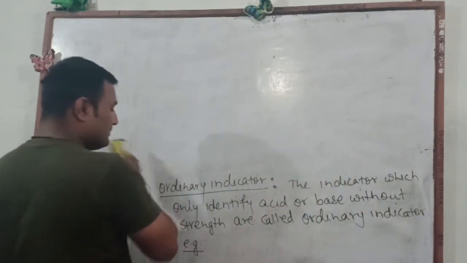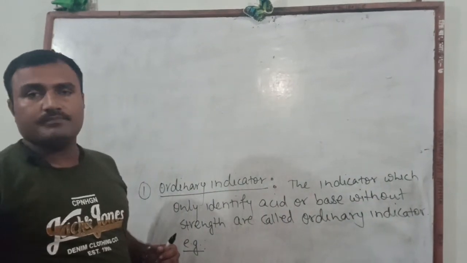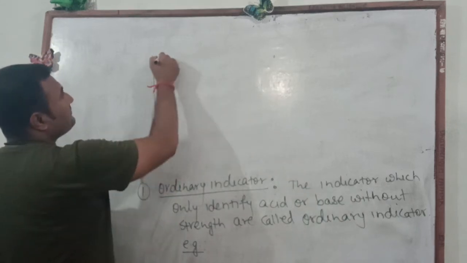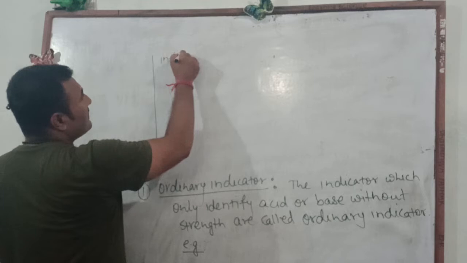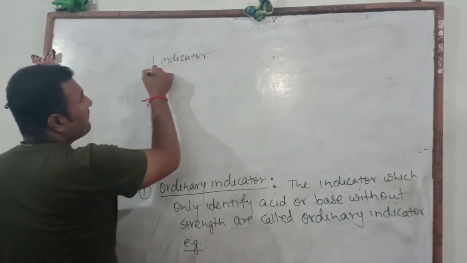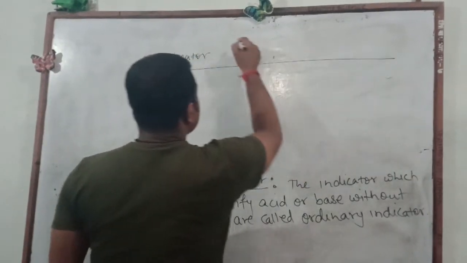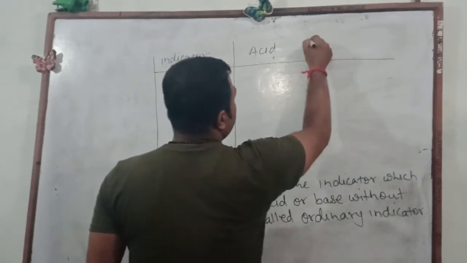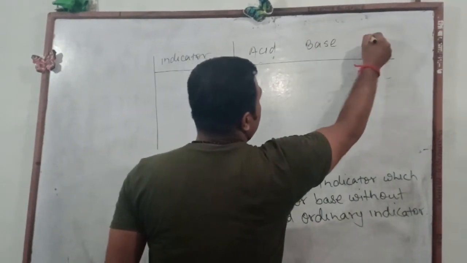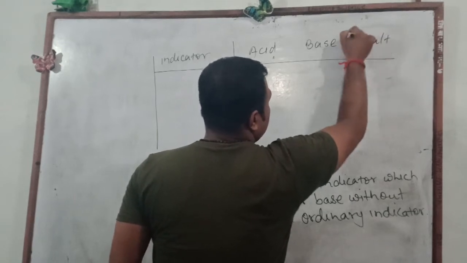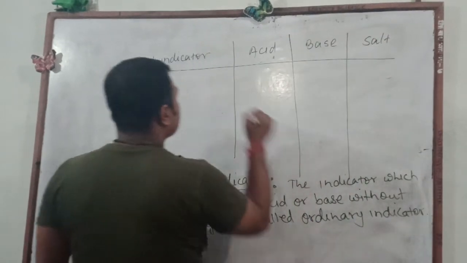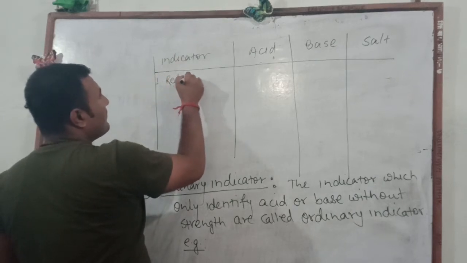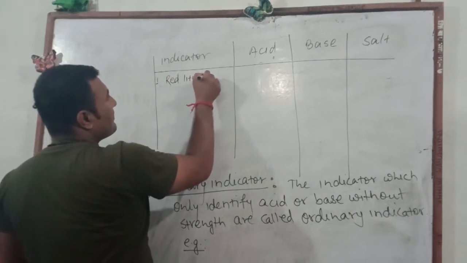Here we write some ordinary indicators. At first, indicator, and its color change in acid, base and salt. The first indicator is red litmus paper.